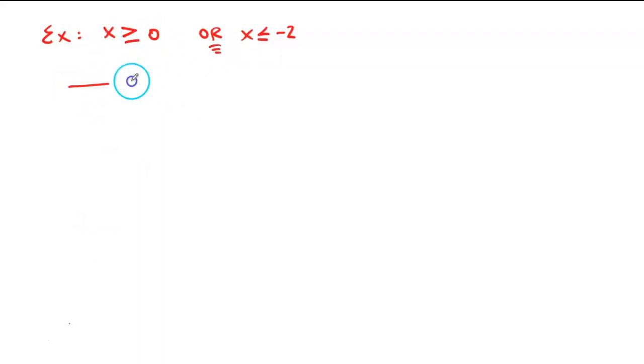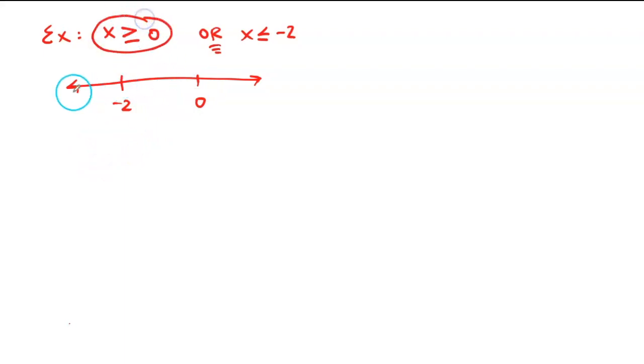So let's graph. Okay, I have two values. Which one is the smallest one? The 0 and -2. That's right, -2 goes on the left, 0 goes on the right. So let's graph each one of them on the same number line. X is greater than or equal to 0. 0, close circle, X is greater, to the right.